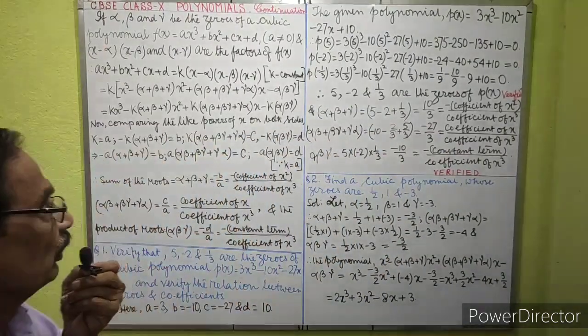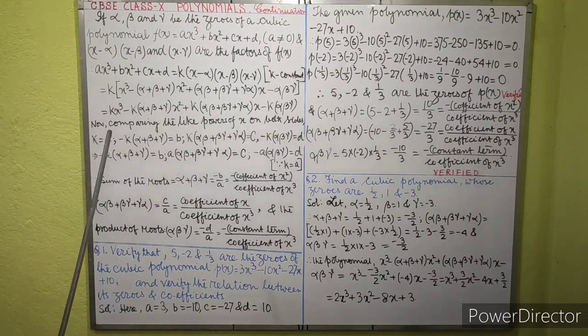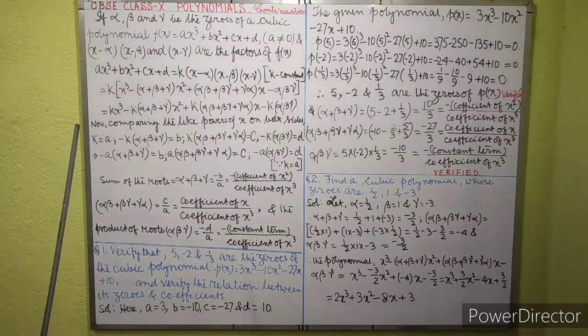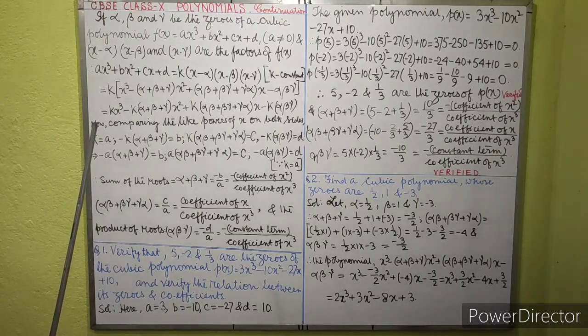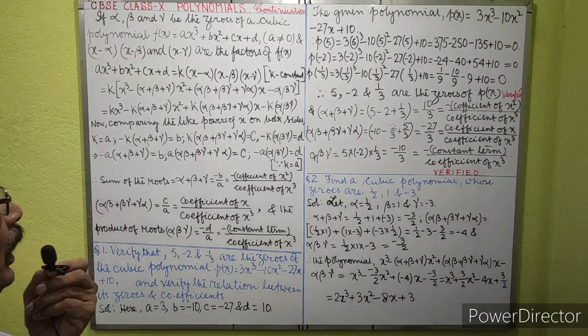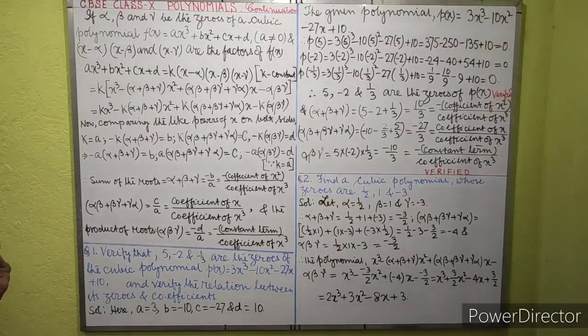Just see that if alpha, beta, and gamma are the zeros of a cubic polynomial, that is f(x) equal to ax cube plus bx square plus cx plus d, where a is not equal to 0, and x minus alpha, x minus beta and x minus gamma are the factors of f(x). f(x) means function of x, that is the polynomial.